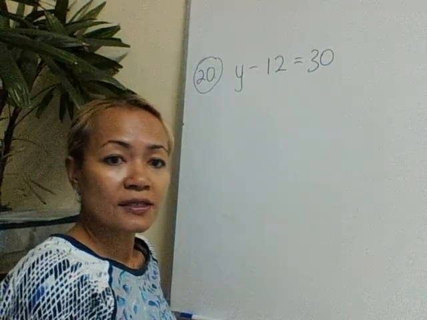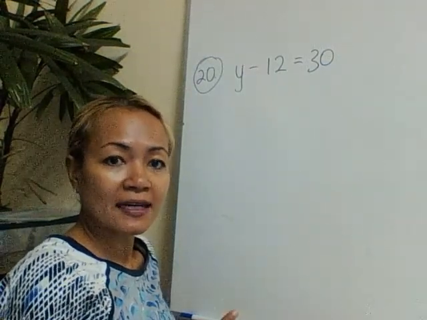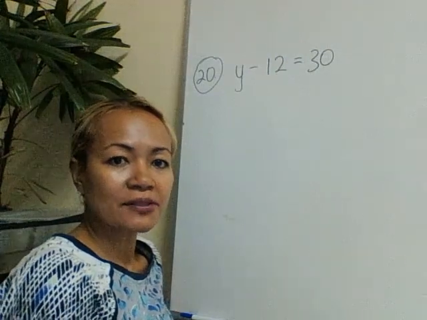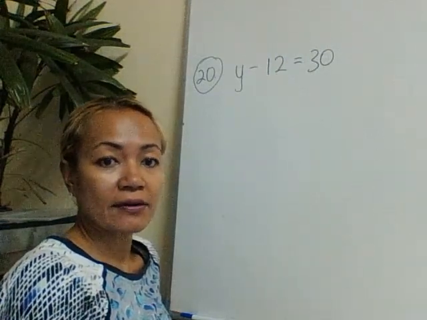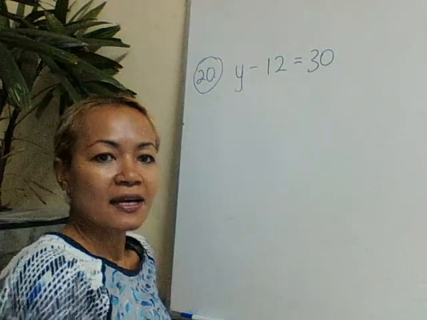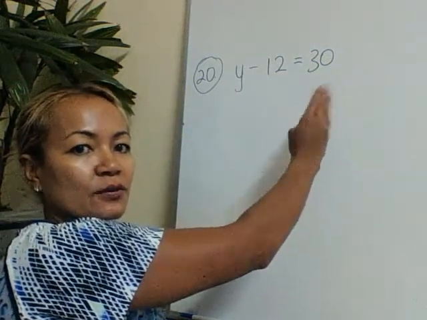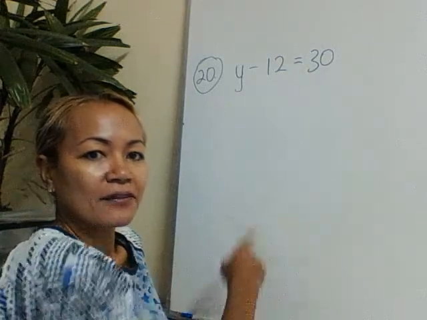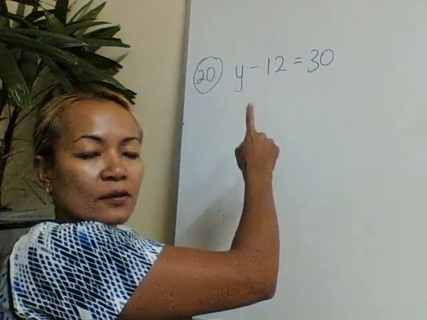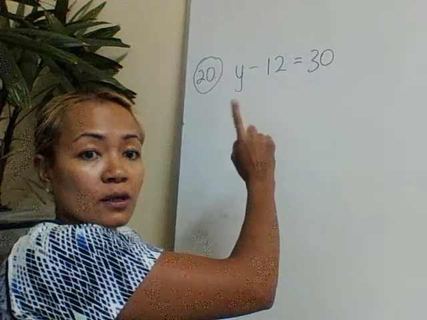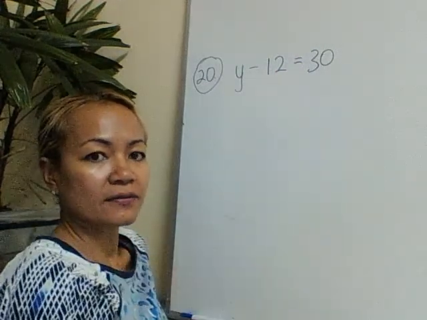If you've watched the videos that I've done on very simple algebra, solving for one variable, you'll know how to do this. So whatever you do on this side of the equal sign, you must also do on this side of the equal sign. And the first thing we do is we try to isolate the y, put it alone on one side, get rid of the 12.